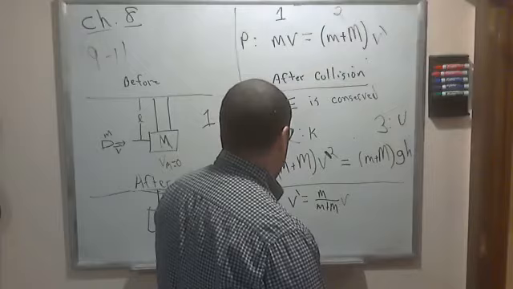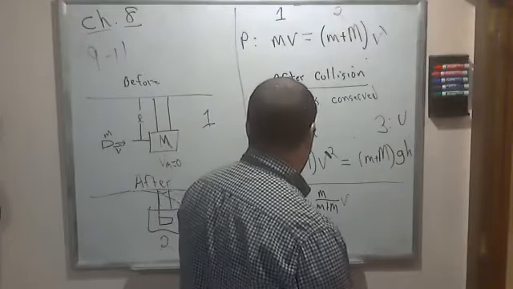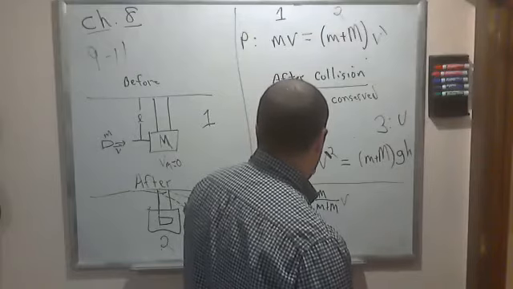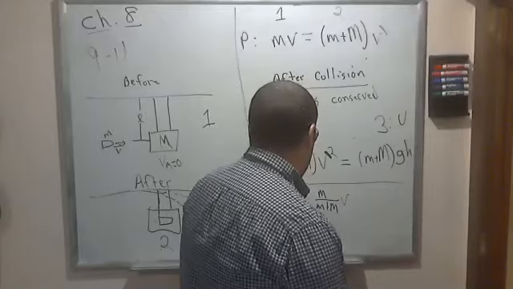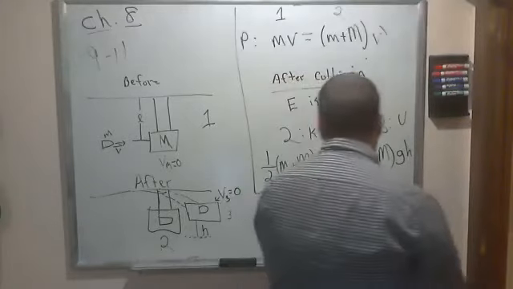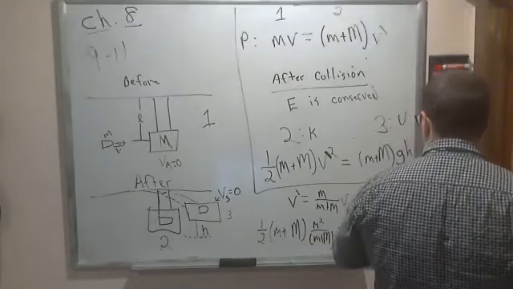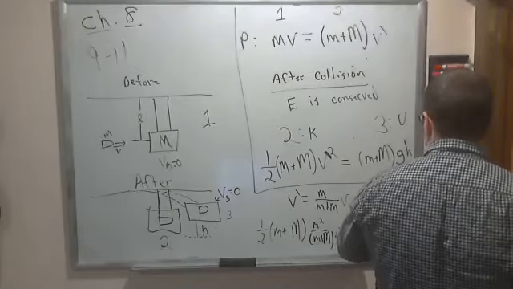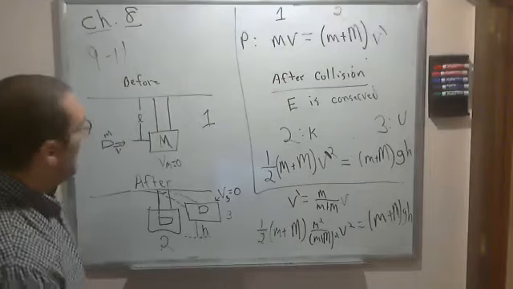We'll have M plus M, and then little m squared over this. V squared is equal to small m plus large m and h. Okay, we have this, and then now let's solve for that.